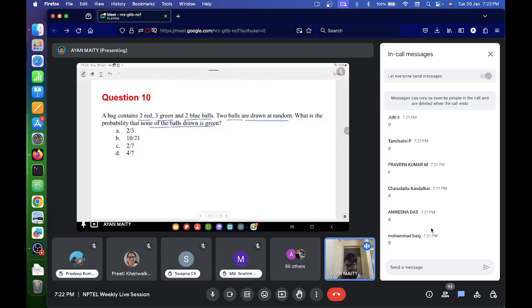So how many ways are there to draw two non-green balls? There are total how many non-green balls? 2 plus 2, 4 non-green balls are there.